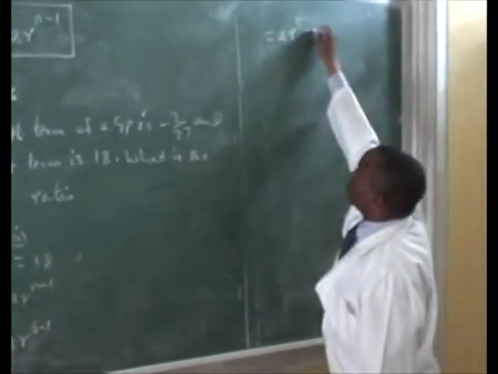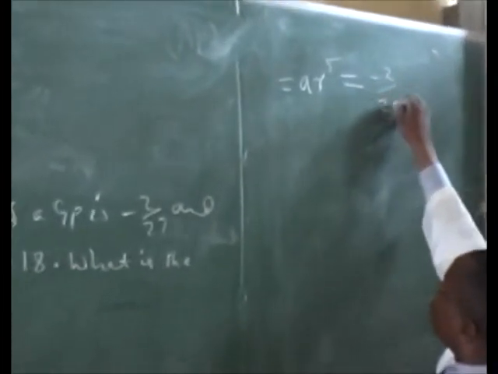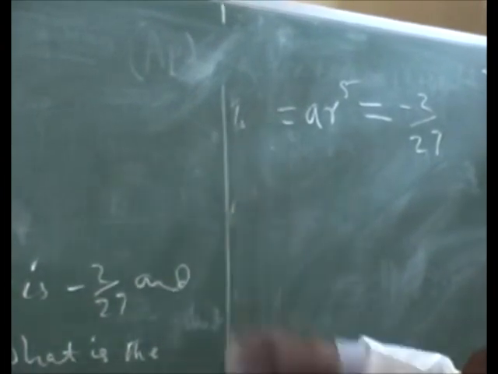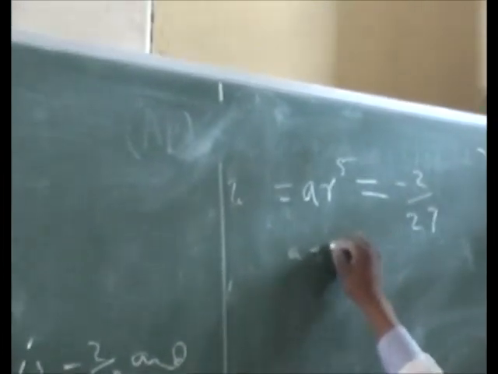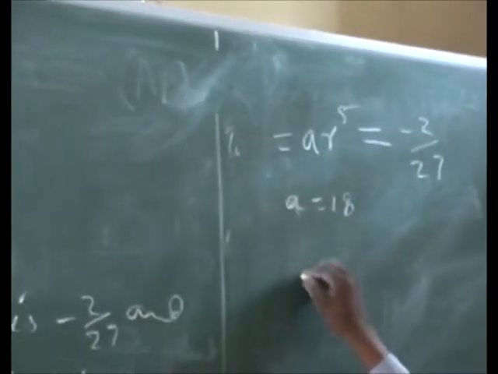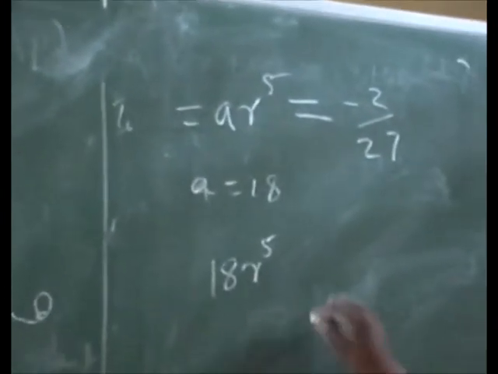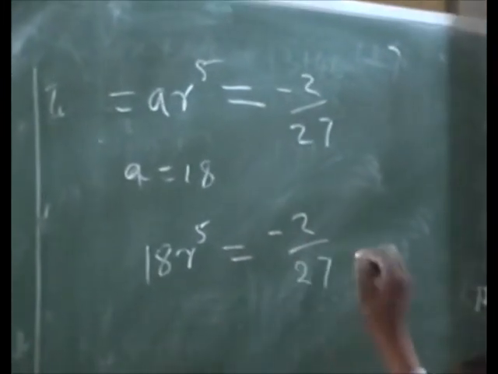And they say it is equal to minus 2 all over 27. So that is T6. Now since A is equal to 18, we will have 18 r raised to the power 5 equal to minus 2 all over 27.